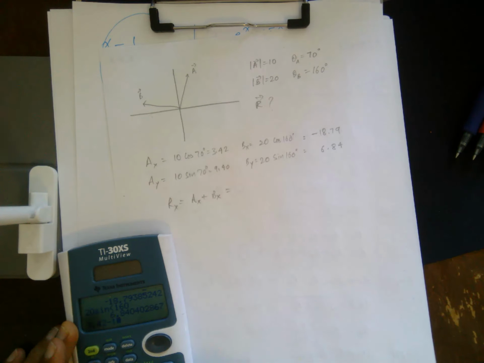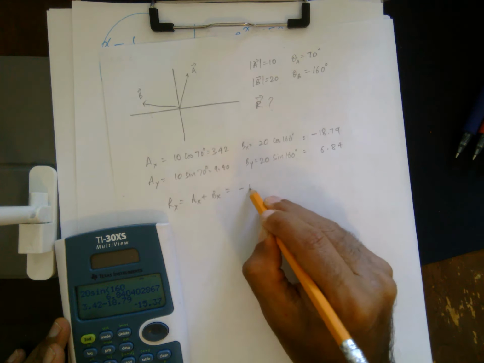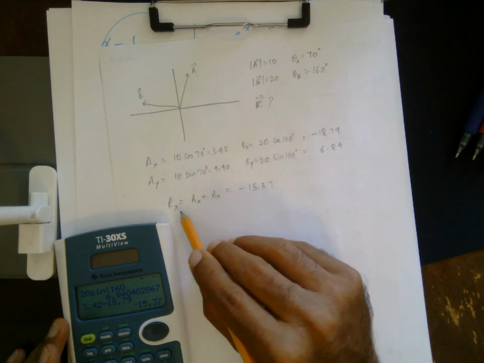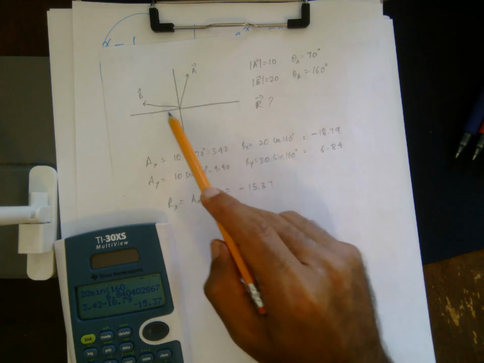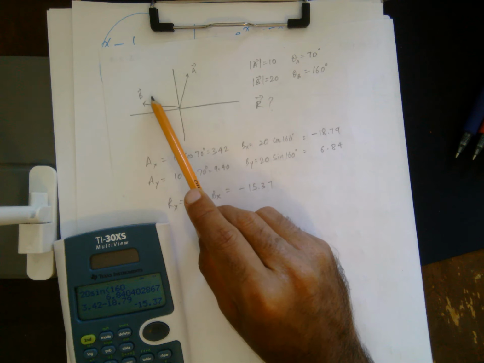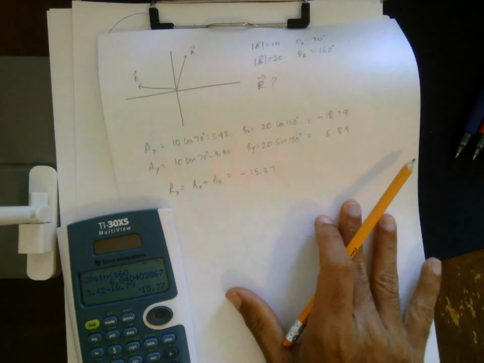3.42 plus negative 18.79. So now we get Rx to be negative, meaning that when I draw this parallelogram, R is going to end up in quadrant 2, and that's why Rx is negative.